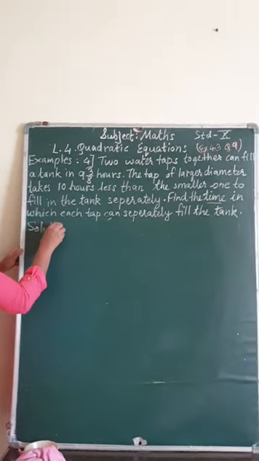Thus, our equation is 75 upon 8 (1 upon x plus 1 upon x minus 10) equal to 1. I hope you have understood how we have formed the equation.